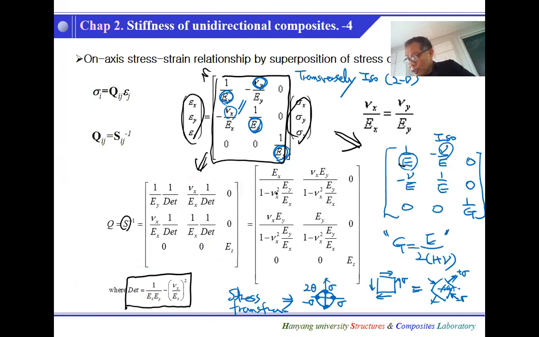And also in isotropic, these terms will be E over 1 minus mu square. I'm sure you often notice the term E over 1 minus mu square for the isotropic material, and we need to understand why these terms.